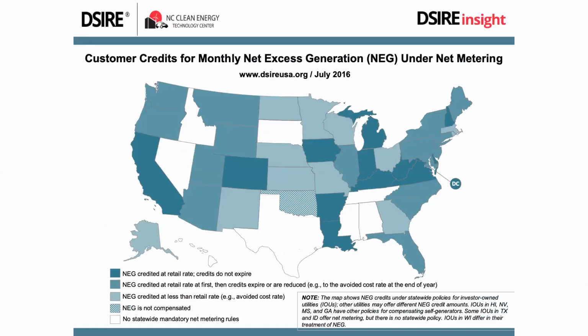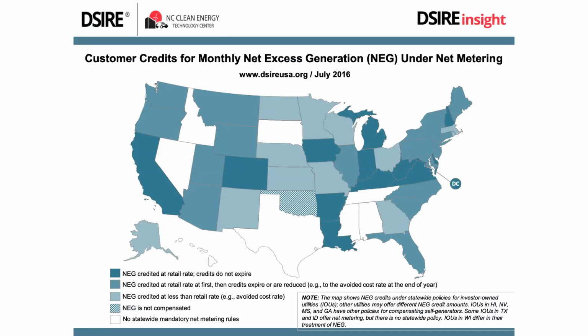If you investigate that a little further, this is looking at states that not only have net metering, but also have some type of state-based compensation program built in to compensate for net excess generation. So it's another level to net metering, and we're going to explain what we mean by net metering, what causes net excess generation, and why it's important to understand how we're compensated.